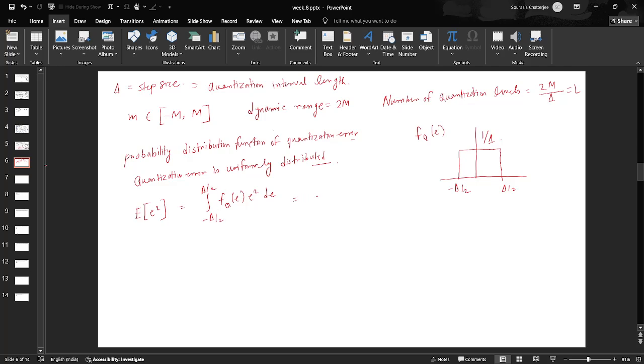This is the maximum and minimum value the quantization error takes. So let us take 1 over delta outside. We have e square de being integrated over this limit. That means 1 over 3 comes outside, and I have e cube here from minus delta over 2 to delta over 2.